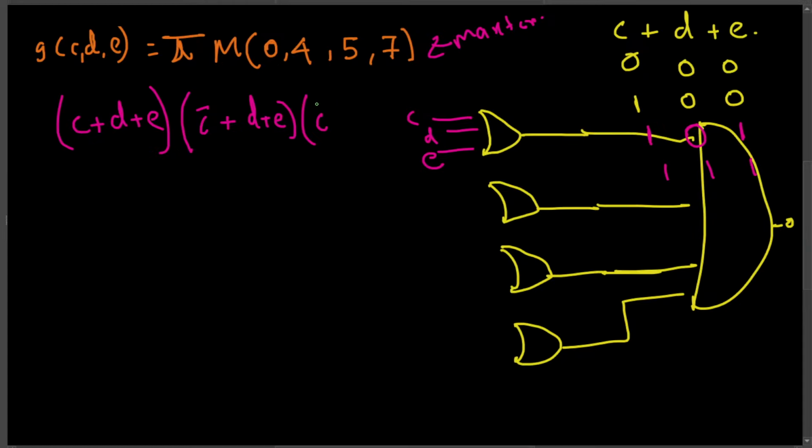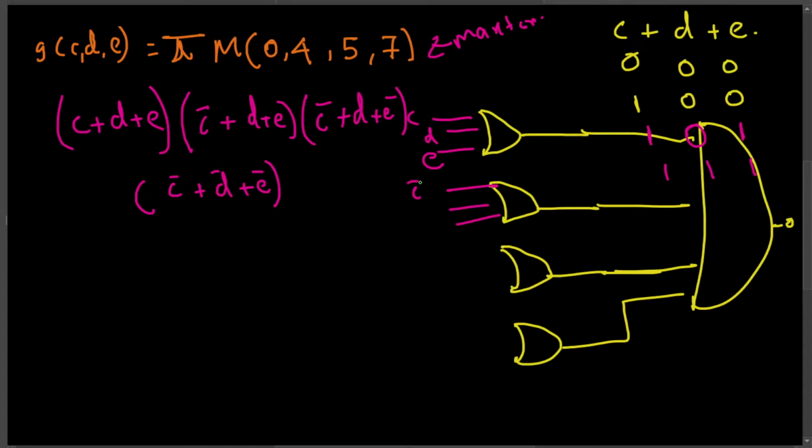And the third one, we have to make C equal to 0, so I have to take the C prime and then D and then E prime. And the next one, we have to make all of them 0, so this is going to be C prime plus D prime plus E prime. Those are the inputs we are going to have.